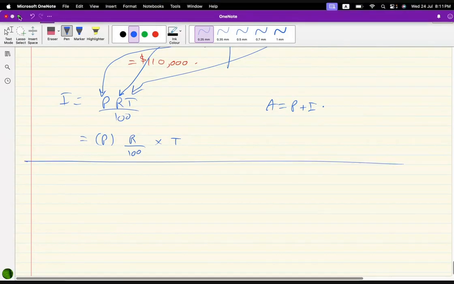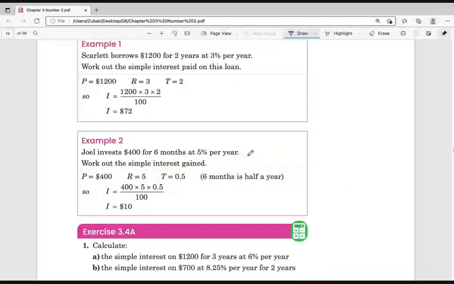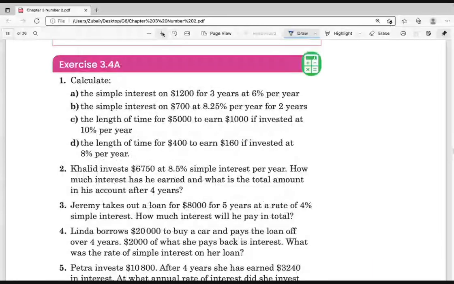Let's have a look at some questions. Now, calculate the simple interest on 1200 principal amount for 3 years at 6%. So I equals PRT over 100. Principal amount 1200, rate is 6, time is 3, and with this 6 there is this 100 built into the formula.